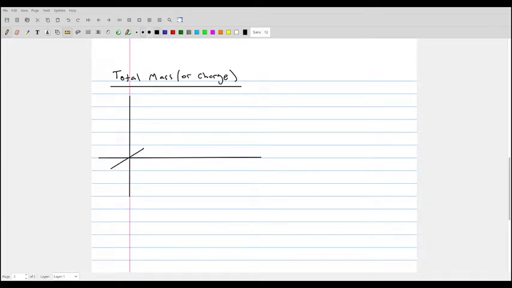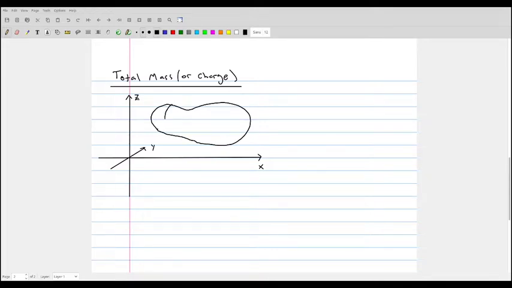So we assume we have some coordinate system here, x, y, and z, and assume that we have some three-dimensional region. This region could be a beam, so a construction column.